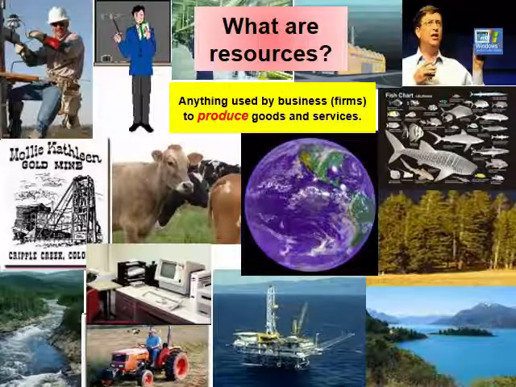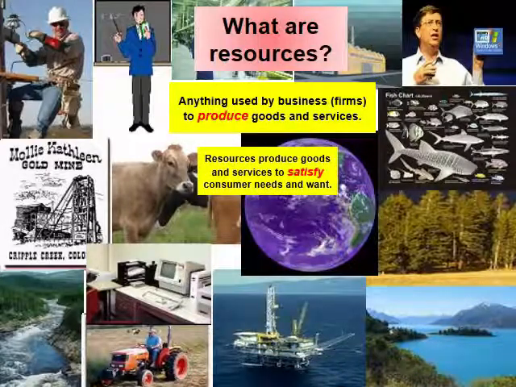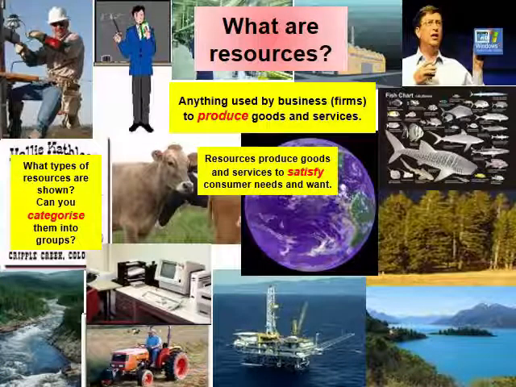Well, it's anything used by businesses to produce goods and services. Resources produce goods and services to satisfy consumer needs and wants. So there's their purpose. And we can see a number of resources already pointed out. Can you categorize them into groups? Well, there are actually 4 groups, and we'll see what they are in the next slide.